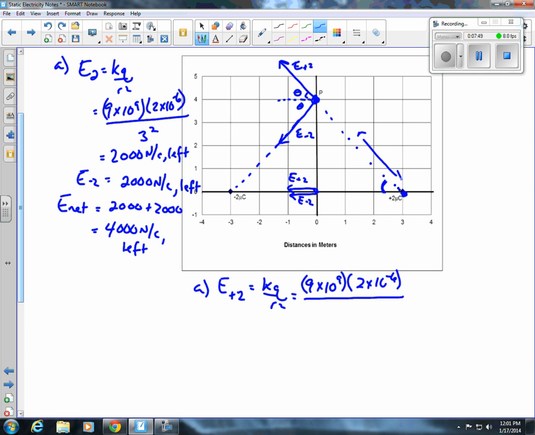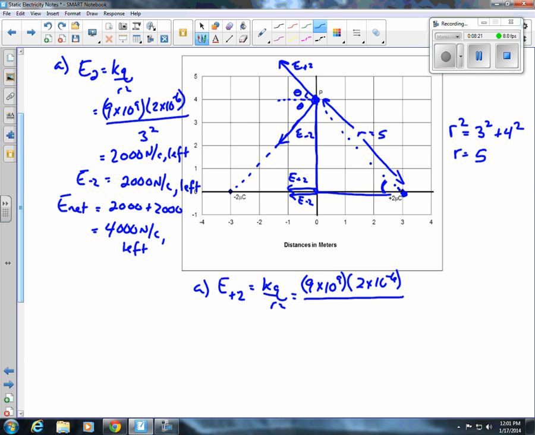I'm going to use the Pythagorean theorem. R squared is equal to, this side over here is 3, and then this side up here is 4. And if I do the math out, I'm going to get R equals 5. Now, if you recognize that this is a 3, 4, 5 triangle, you wouldn't necessarily have to do the math. So we just found that the R over here is 5.